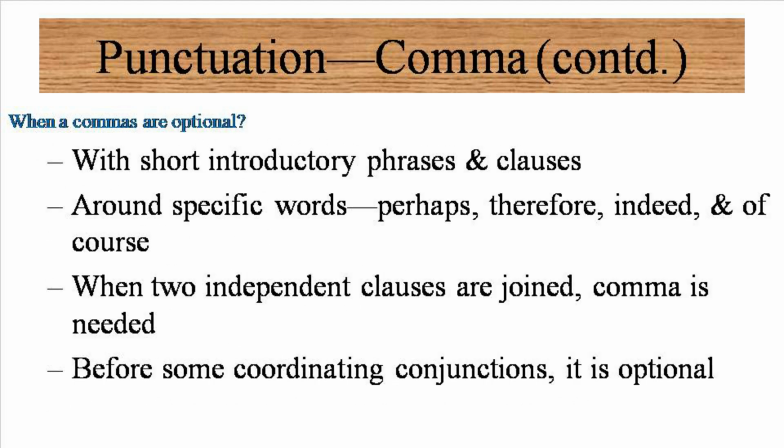Commas are optional with short introductory phrases and clauses around specific words like perhaps, therefore, etc. When two independent clauses are joined, comma is needed before some coordinating conjunctions; it is optional.